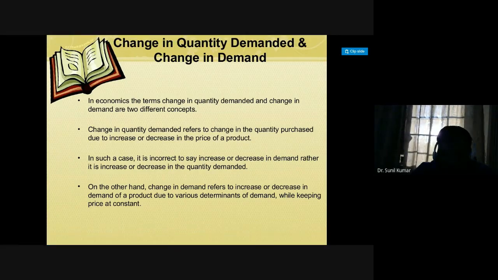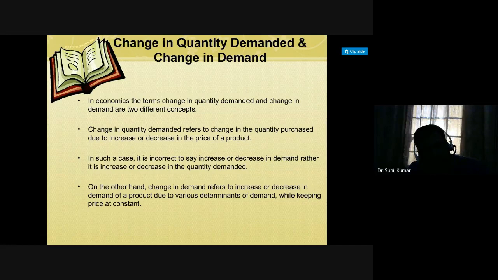I think you know very well that whenever you go to the market, you find that some goods' prices are very low, but you don't care, and you purchase only the type of goods which you like most.